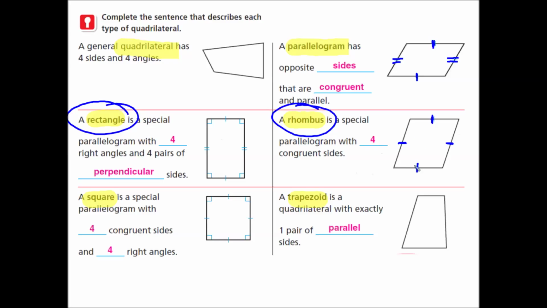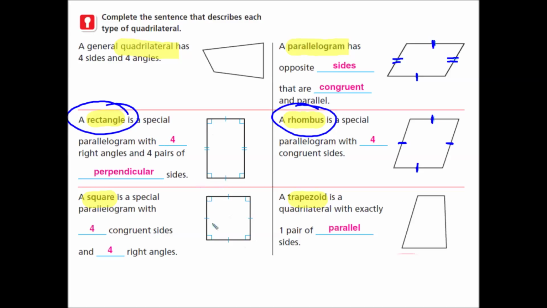Now there's something that overlaps both of these that is both a rectangle and a rhombus and a parallelogram and a quadrilateral. That's a square. It falls under all of these categories, but it's very, very specific. It has four sides like a quadrilateral. It has two sets of parallel sides, and opposite sides that are congruent, so it's a parallelogram.